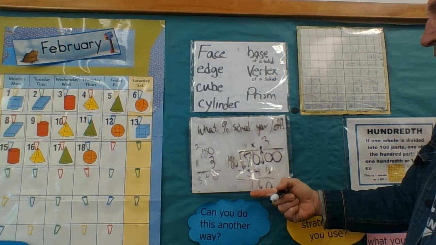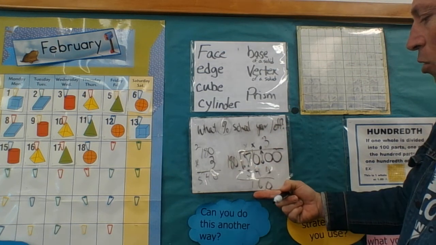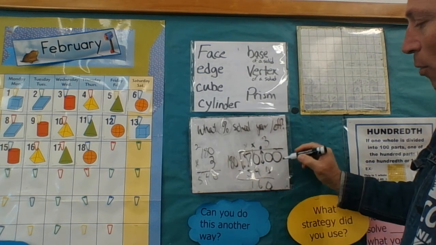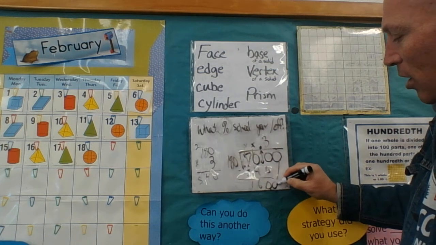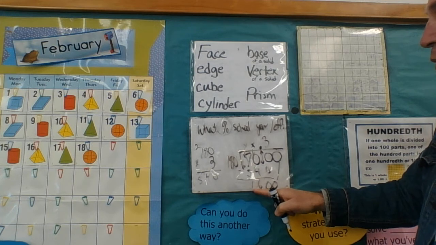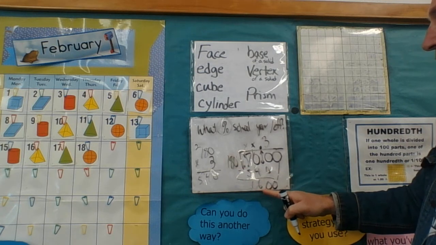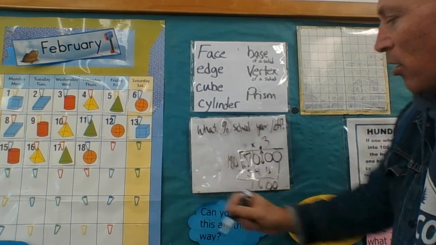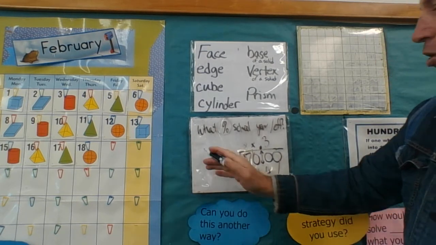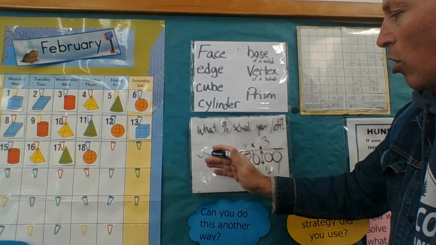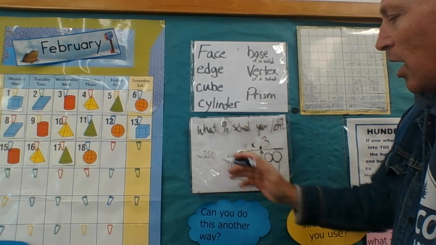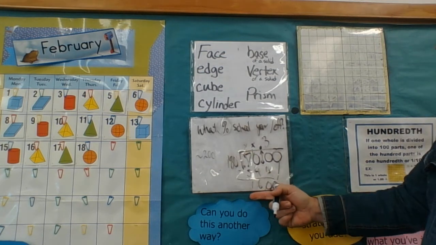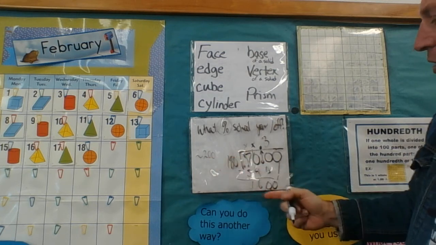And now, how many times does 180 go into 160? None. That's why I need to bring down the next place value. So now how many times does 180 go into 1,600? Well, let's do our estimation game here. I know this is close to 200, approximately, or almost 200. And I know 1,600. I'm just going to keep it that way since we have hundreds here.